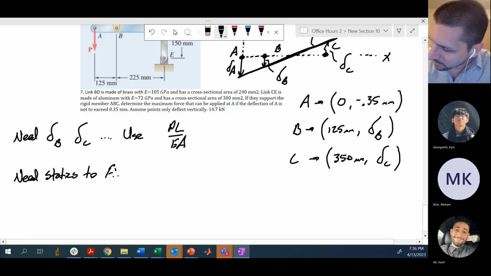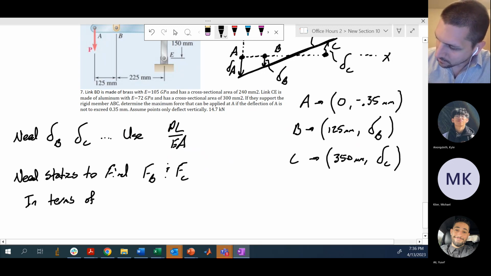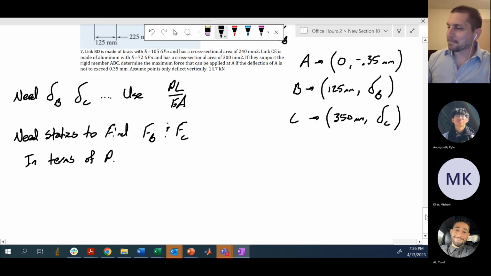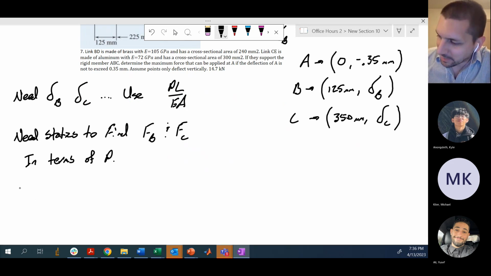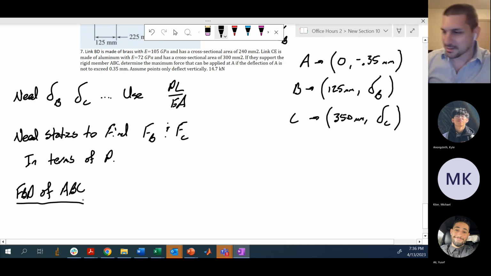Find the force at B and the force at C, in terms of P, where P is what I'm applying to the bar. That means free body diagrams, specifically of that long slender middle bar, ABC. Easy as 1, 2, 3.